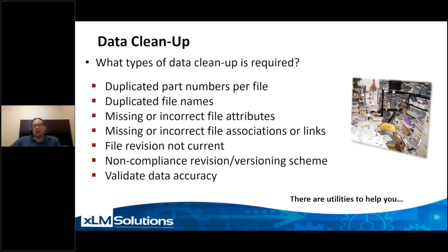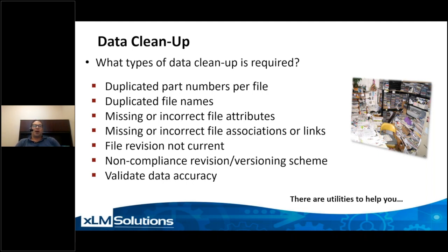With any migration project, there's always data cleanup. So as many times as we see, oh yeah, our data's clean, we don't need to worry about it, usually there's issues with the data, and we listed a couple key issues that we come across.